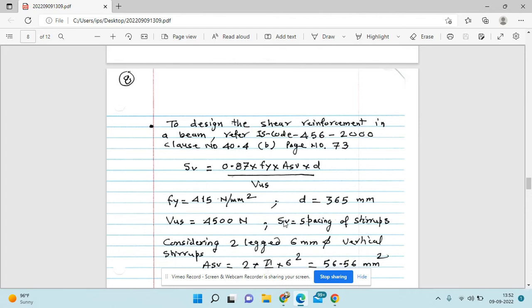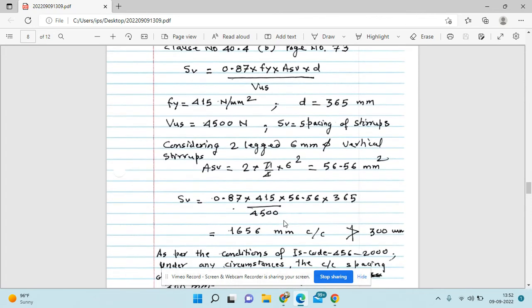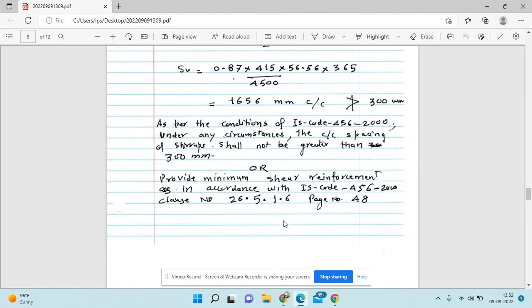Now Fy, d, tau v and everything is given. We can find out the value of Sv. It comes out to 16556 mm center to center, which under any circumstances should not exceed 300 mm as per the code.